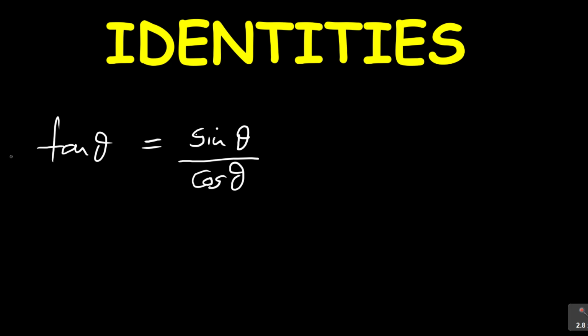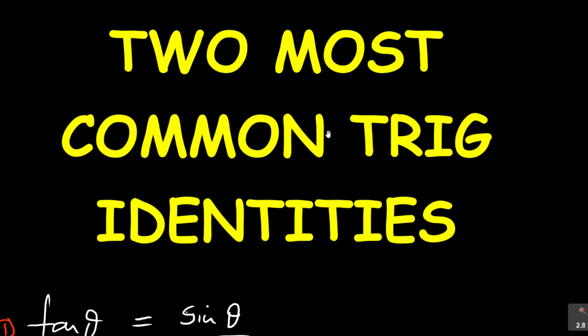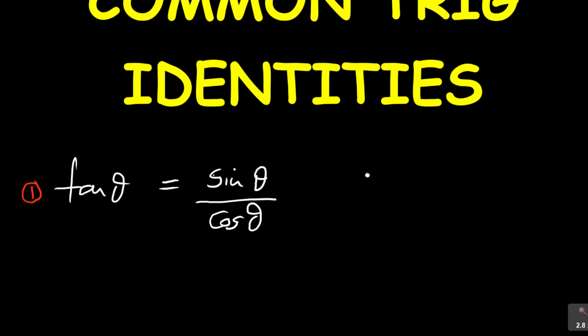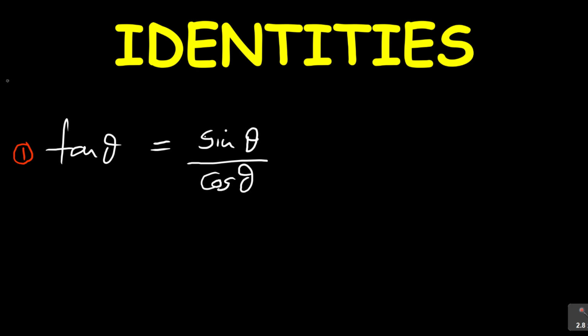This one says two most common trig identities. The first one is tan theta is equal to what? Sine theta over cos theta. Always remember that. And sometimes they can ask you, what about cot theta? If you know tan, you know cot.